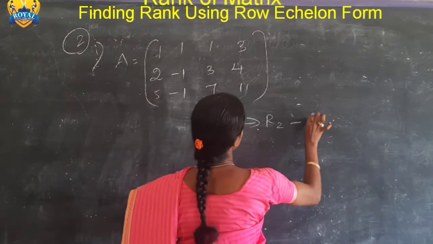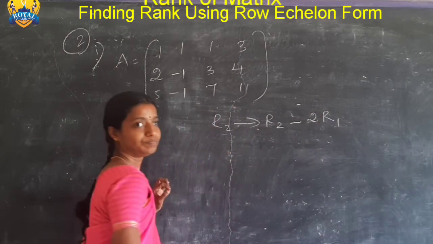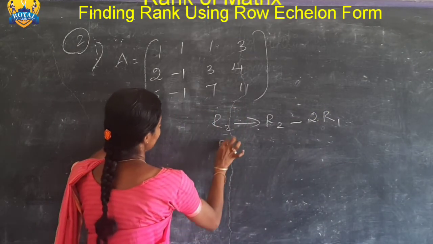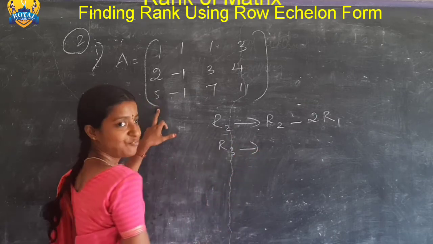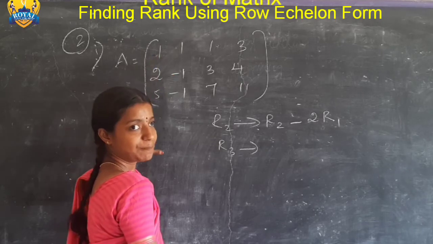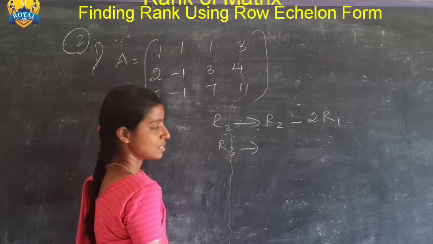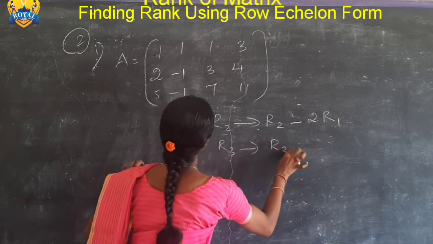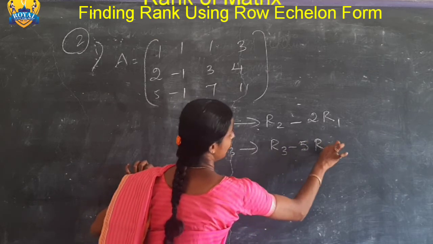So R2 minus 2 R1. Next R3, here I have 5. If I multiply this 1 by 5 and subtract, I get this also as 0. So R3 minus 5 R1.